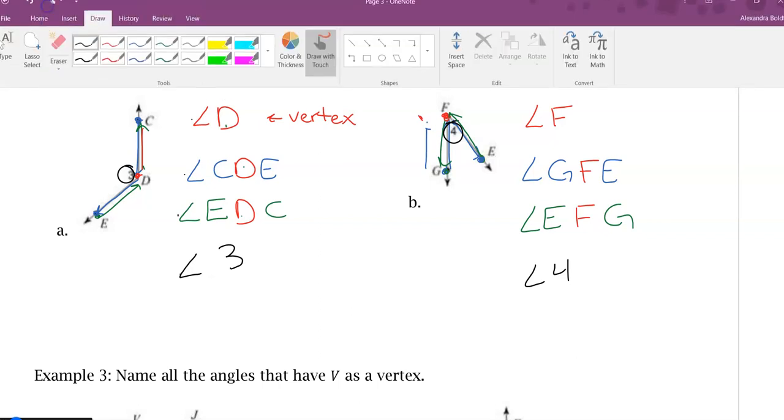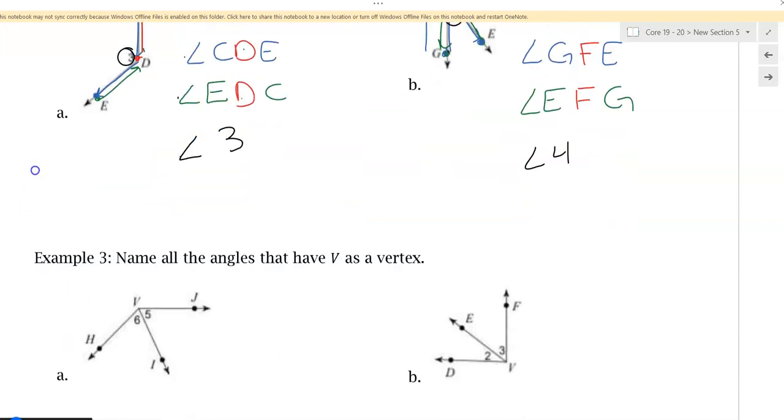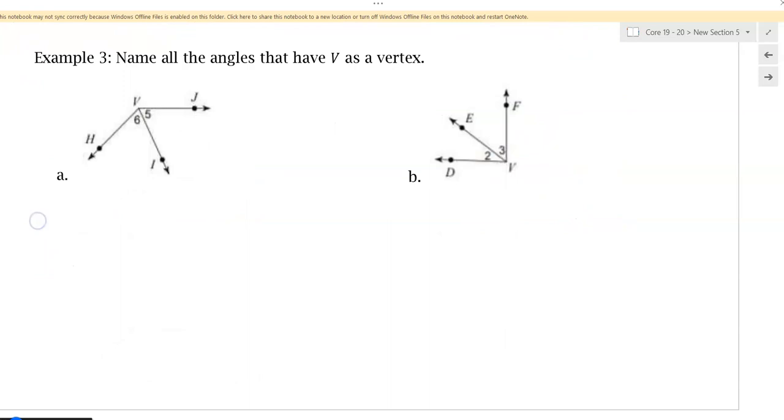All right, example 3. Name all the angles that have V as a vertex. I'm going to name them the way using 3 letters. So here's my vertex, V. So I want to try to follow all the lines and do all the angles.